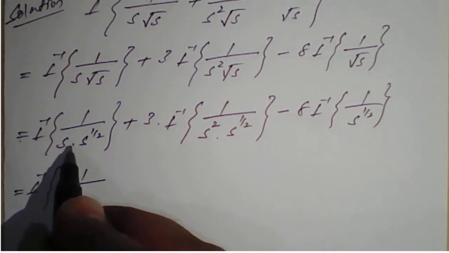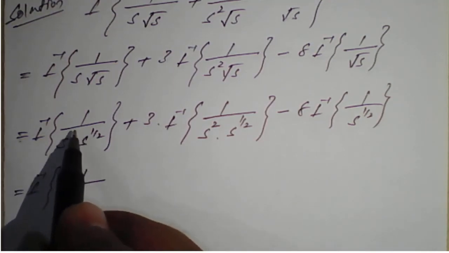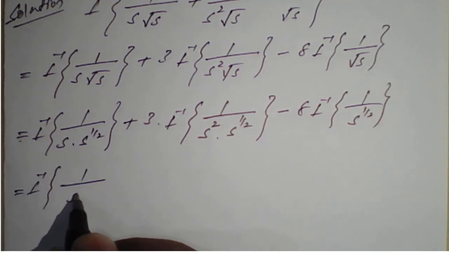Bases are same, power of s is 1, here power of s is 1 by 2. So s raised to 1 plus 1 by 2 is nothing but s raised to 3 by 2.